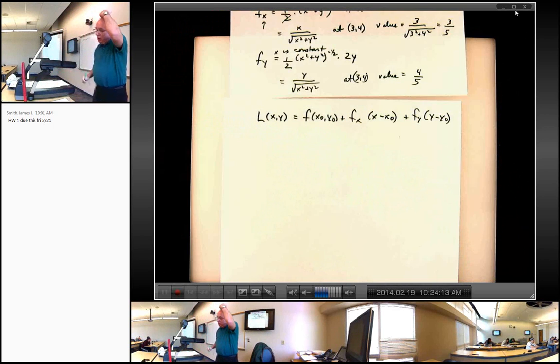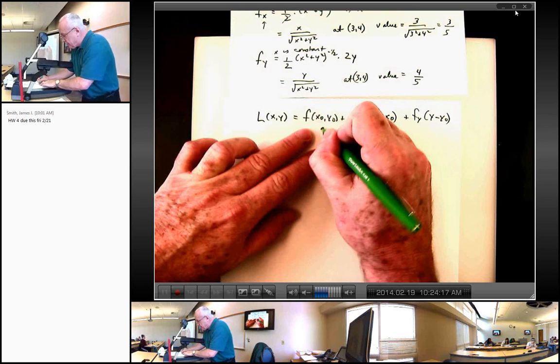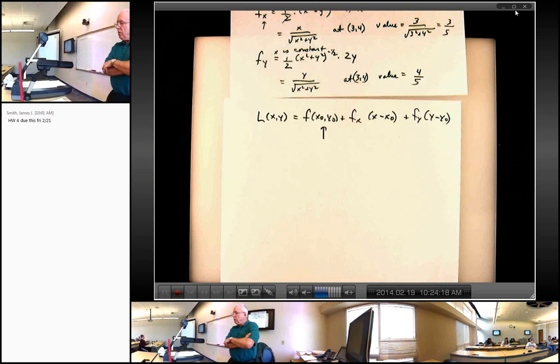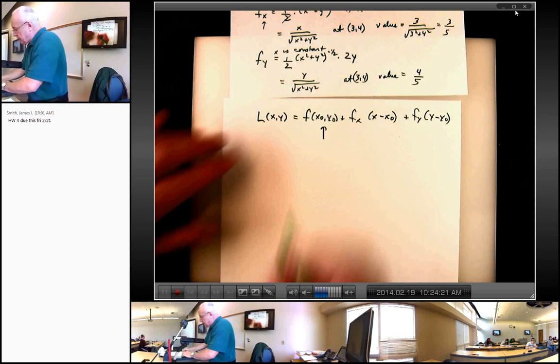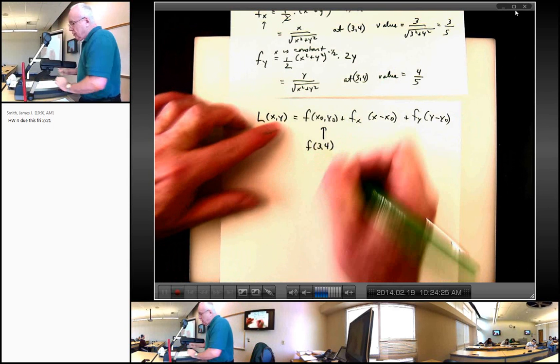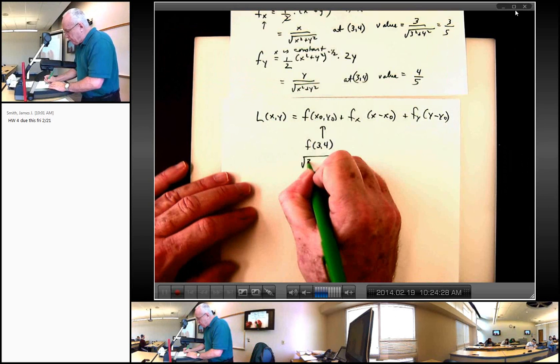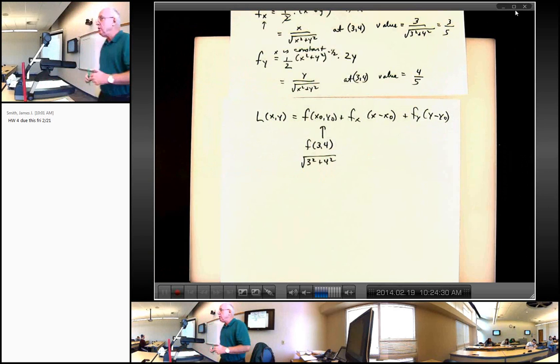All right. So I think what we still have to get is the value of the function at (3, 4). So that was going to be the square root of 3 squared plus 4 squared, which is just going to be 5.